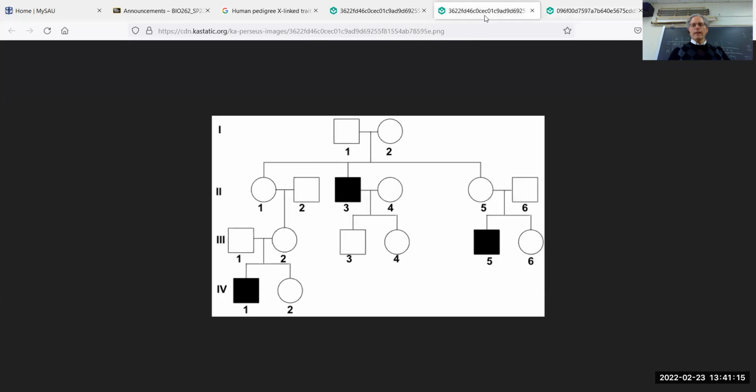Okay, let's look at this one. What do you see about this one? Well, you have two parents up there that don't have the trait. They don't have the phenotype. And all of a sudden, pop, there comes one of their progeny who has it. And oh, look over here.